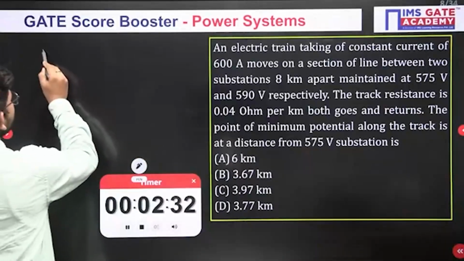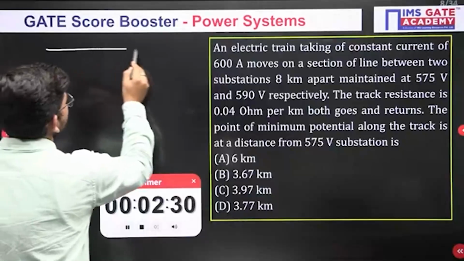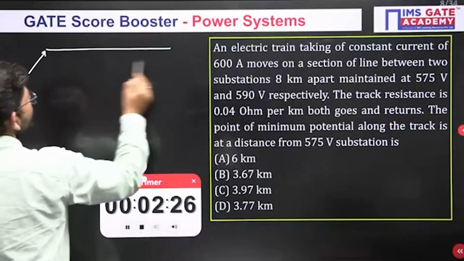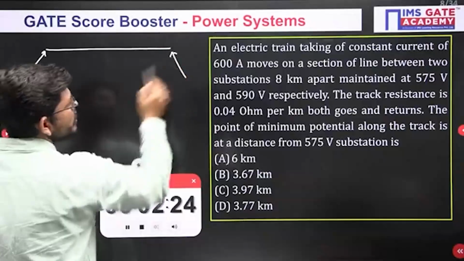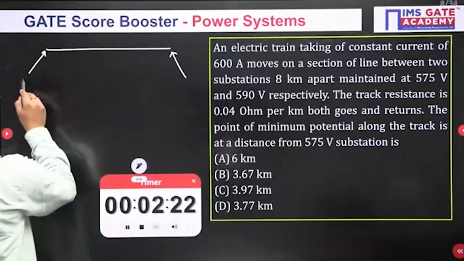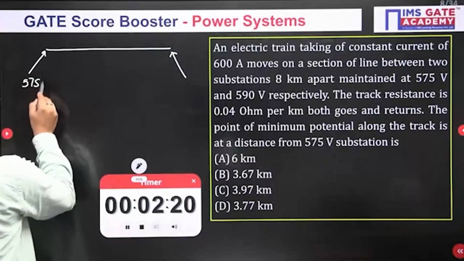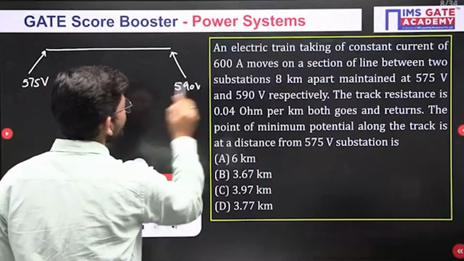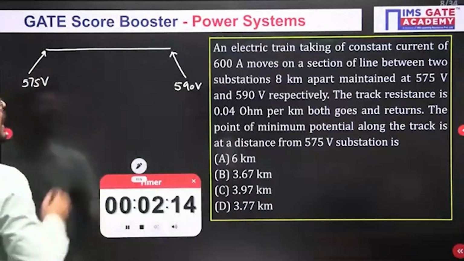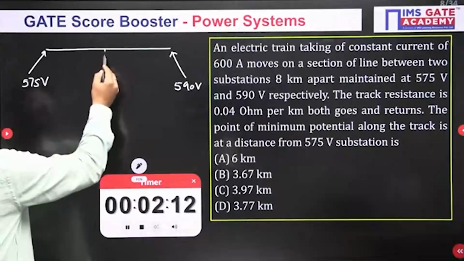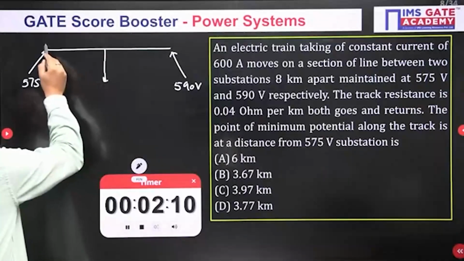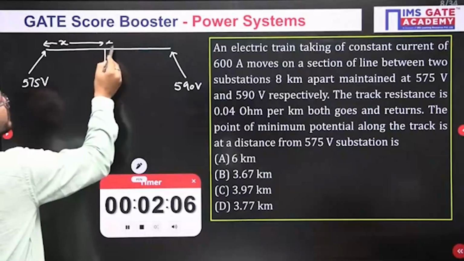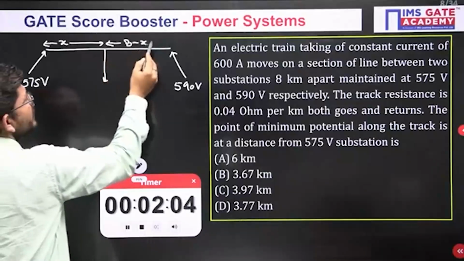This is the situation you are in. The track, which is 8 kilometer long, at one end is fed from how much voltage? 575 volt. At the other end it is fed from 590 volt. And the train is moving somewhere here. Let me call this distance x, and if this distance is x, this distance will be 8 minus x.